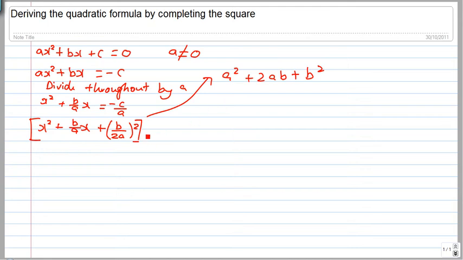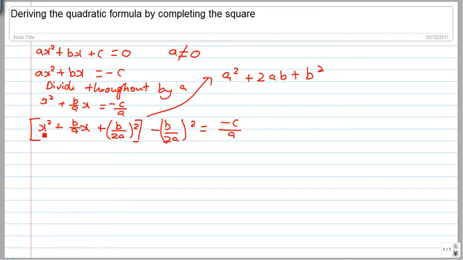Since this is an additional term, I take away the additional term here. Remember, I'm just representing the information here. And what I have is still minus c over a here.